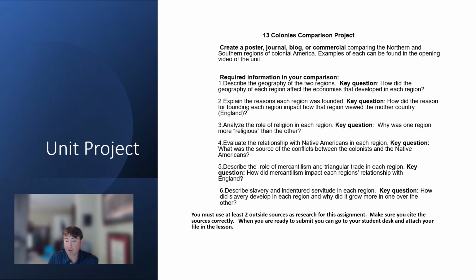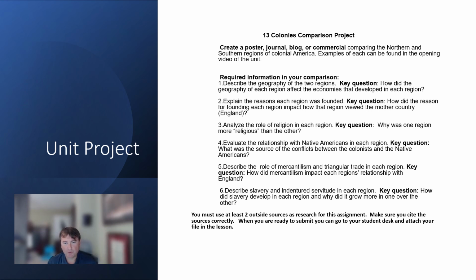Carolina and Virginia and Georgia mainly to make money for England. So the key question there is, how did the reason for founding impact how that region viewed the mother country, England? The southern region is going to be closer to England than the northern region. And so you're going to answer that question by looking at the reason that the region was founded.